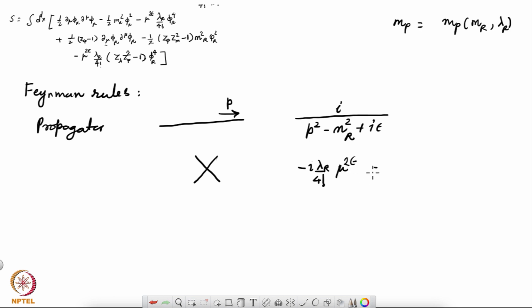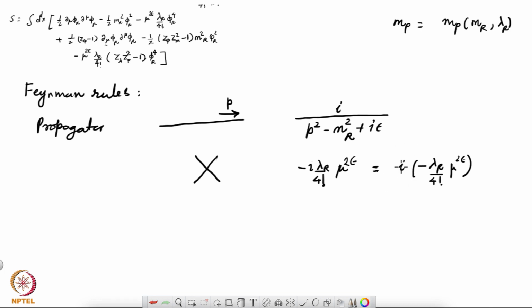Which is basically i times minus lambda_r over 4 factorial mu to the 2 epsilon. So you see that this is minus lambda_r over 4 factorial, and there is a factor of phi. If you go back to the first course, you will see how this factor of i came out.